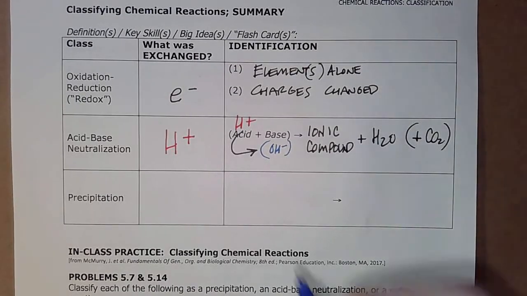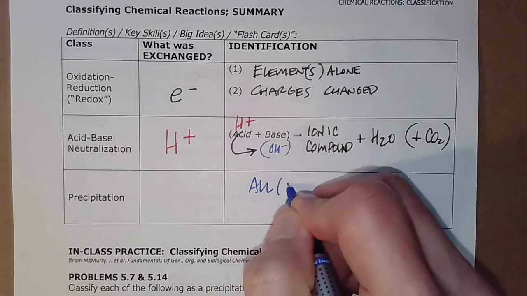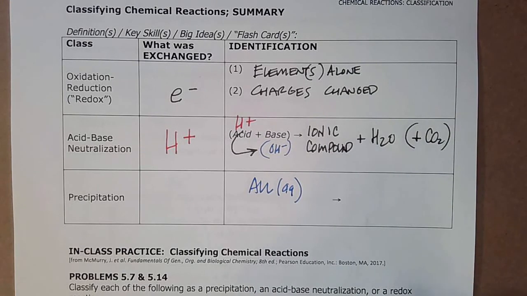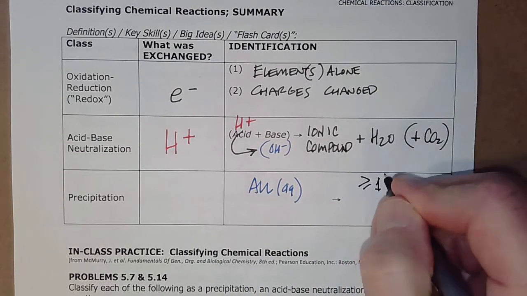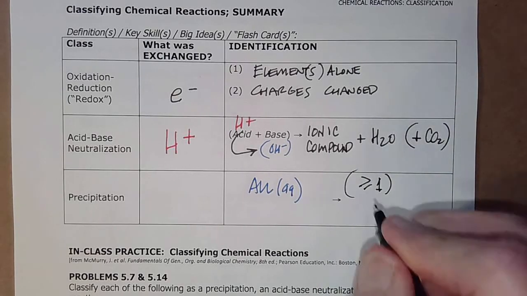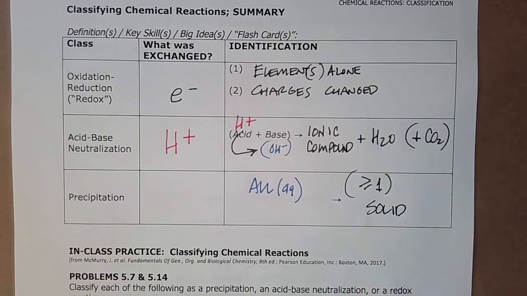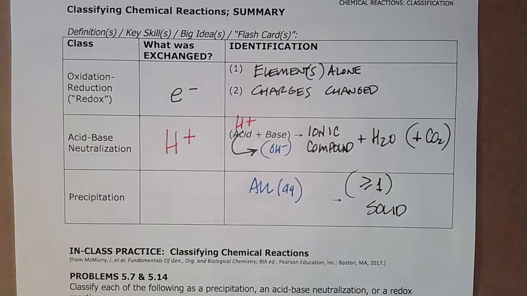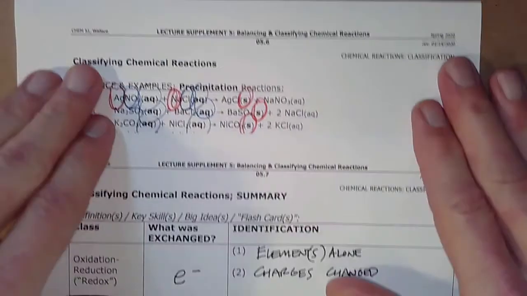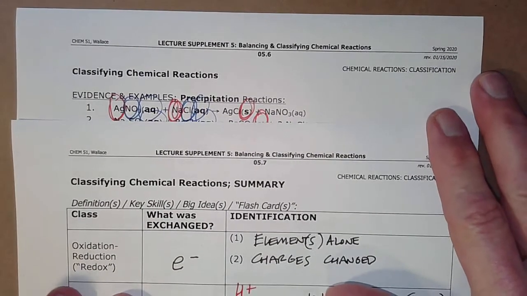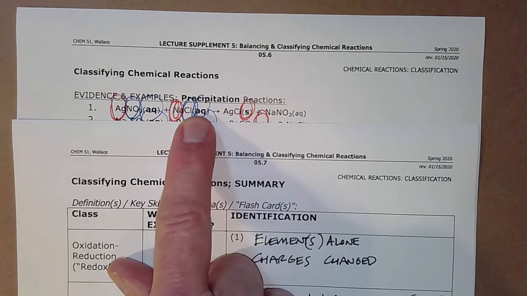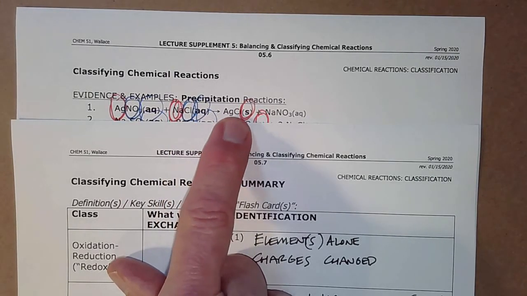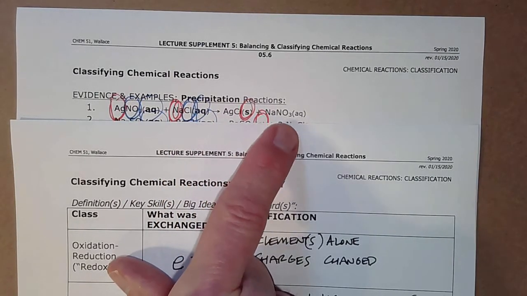We get all aqueous reactants. And we get at least one solid. And what's being exchanged? Well, remember, if we go back to this, I say, well, gosh, silver used to be with nitrate, and sodium used to be with chloride, and over here, silver's with chloride, and sodium's with nitrate.